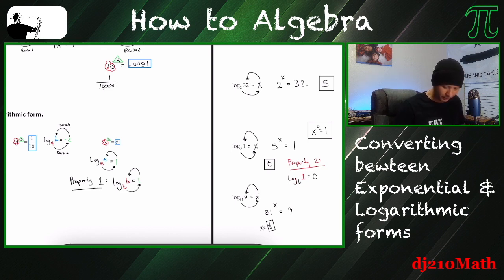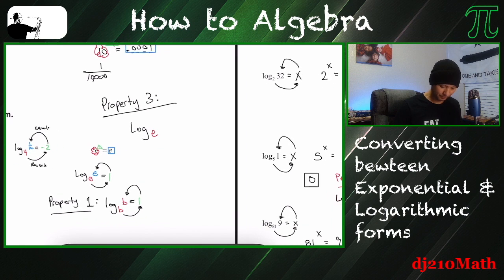If you have log base e, and we can call this property number 3, it's not really in any particular order, log base e of whatever argument is equal to ln. You might see this in the Inspire. It's ln, and it's usually a lowercase l. I just put a little thing on it so you can see that it's an L.